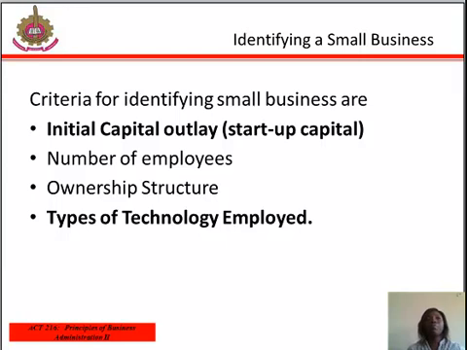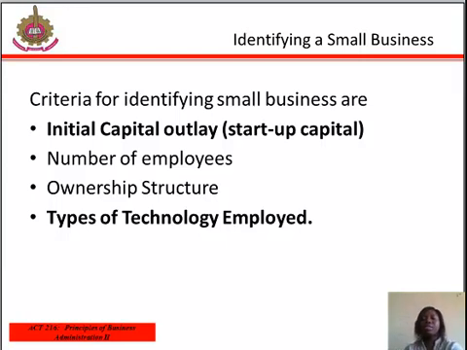We have sole proprietorship, we have partnership, we have incorporated company. But to identify a small business, the business is owned by an individual, and this is part of the criteria used to identify a small business.